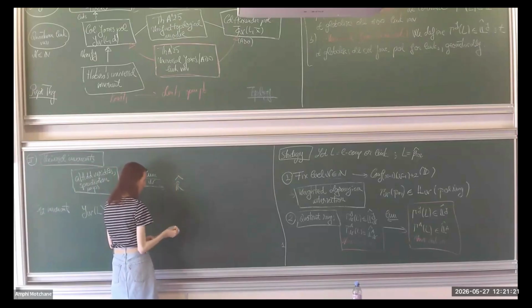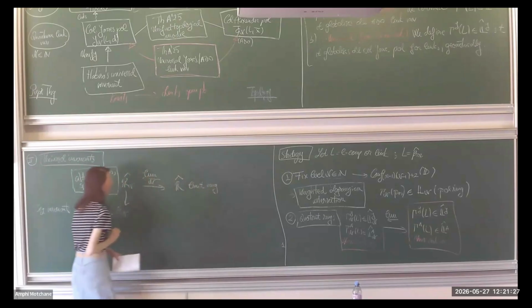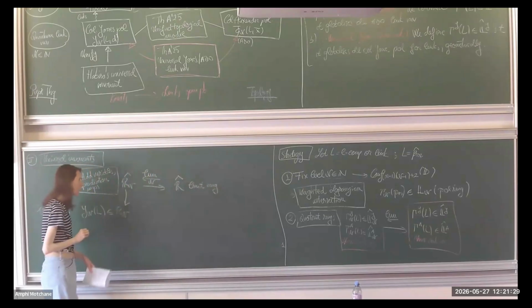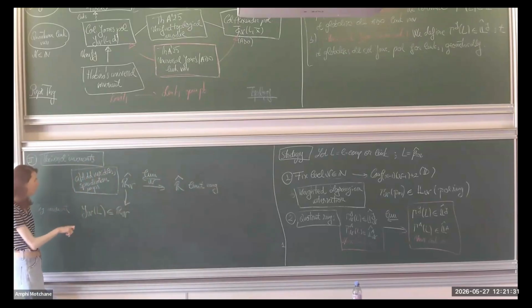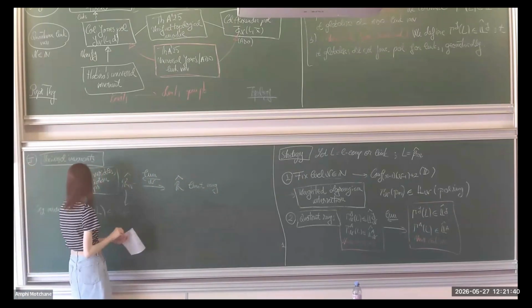And now, if I obtain a limit ring, the second part of the construction is to provide a link invariant in this limit ring. Okay, so that's part B.